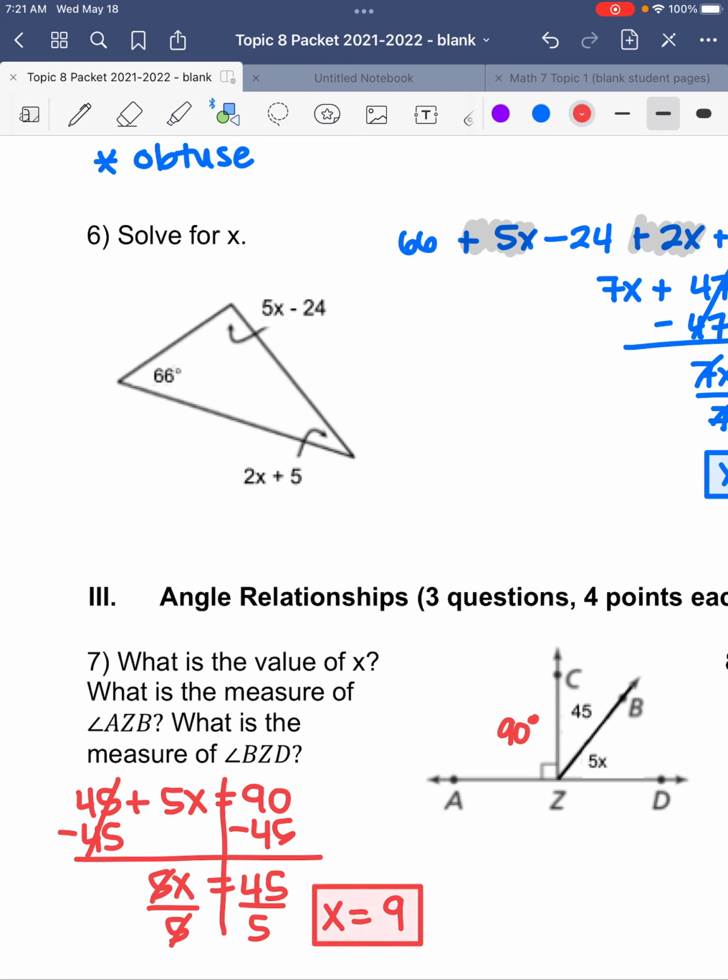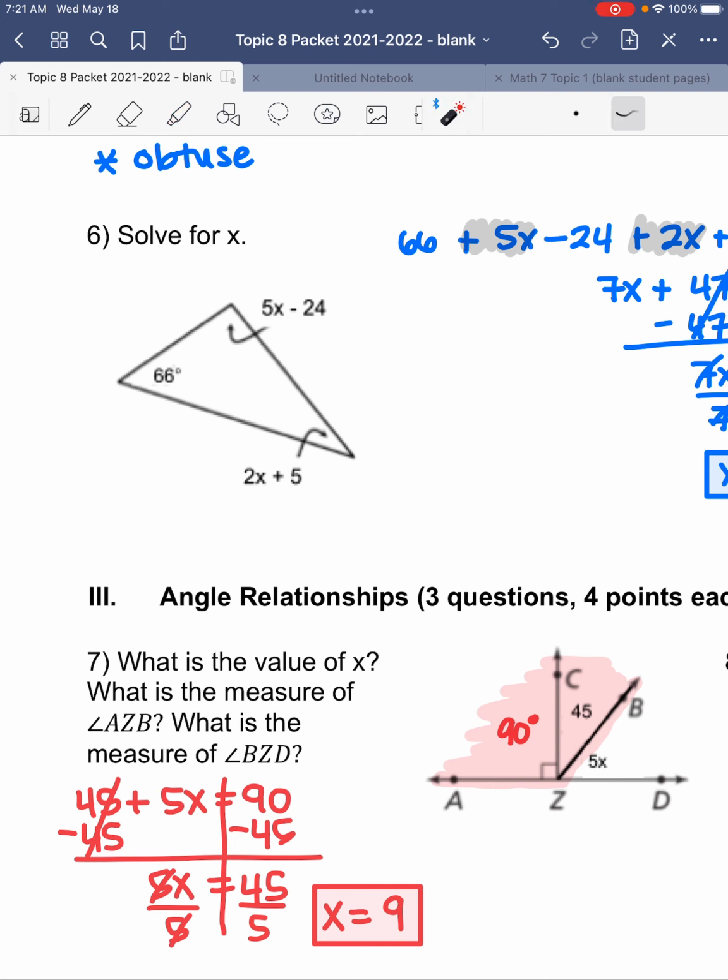Okay, now what is the measure of angle AZB? Well, I need to know what angle AZB is. So AZB. I'm talking about this 90-degree angle and this 45-degree angle, right? So how do I find the measure of all of that together?